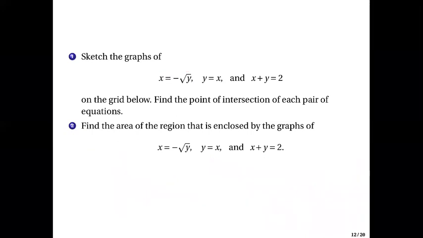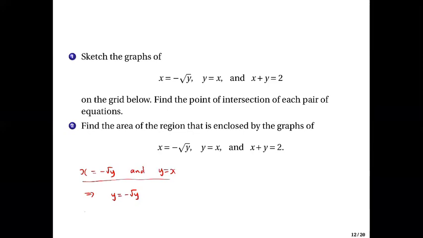So we are now looking at the pair x equals negative square root of y and y equals x. Now this is easier. y equals x, or x equals y. This means that you will have here y equals negative square root of y.